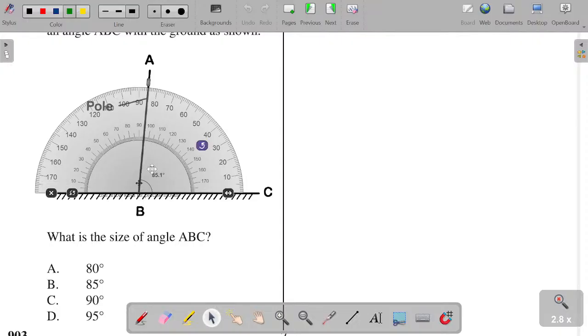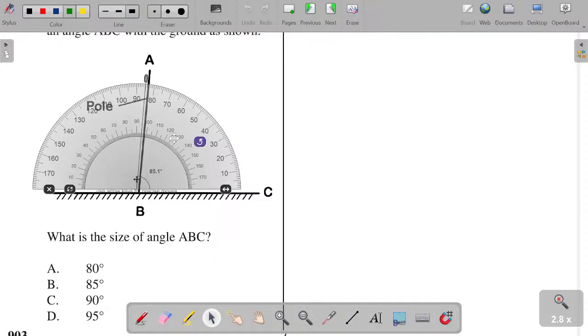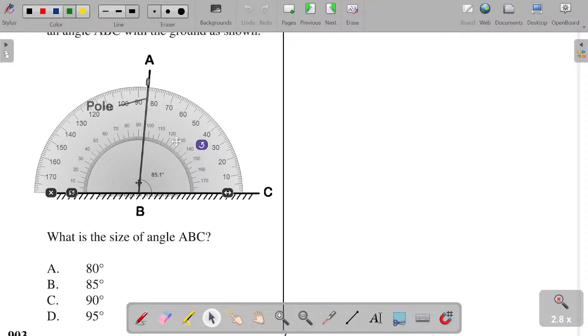This angle here, sorry, let me realign it. Just a moment. That is it. I'm having 85.1 degrees.